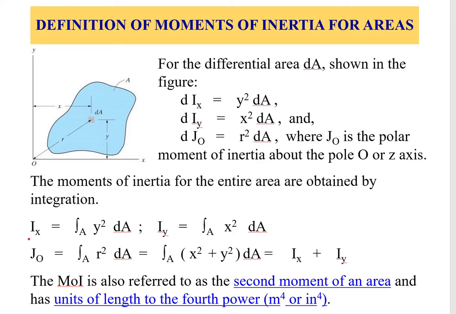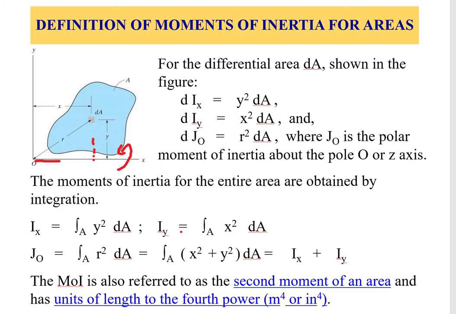For example, the moment of inertia about the x-axis means the tendency of this structure to rotate about the x-axis, and from here you can see that your integration variable should be with respect to y, right? So therefore Ix is the integration of y squared dA.